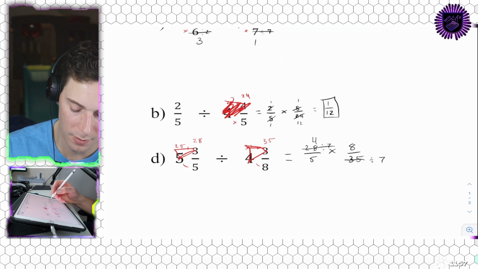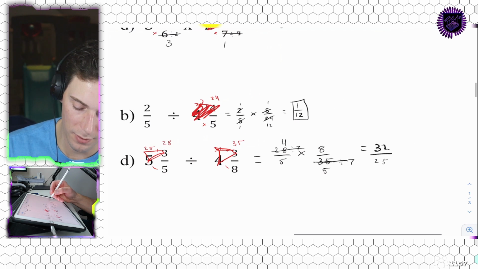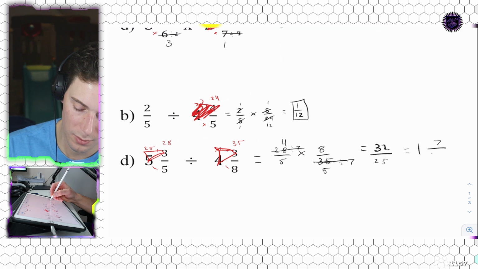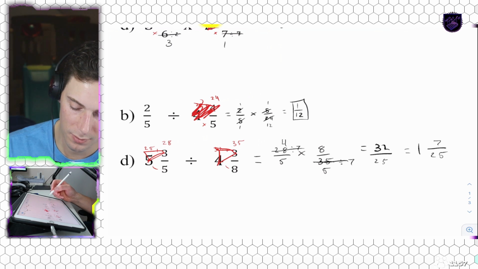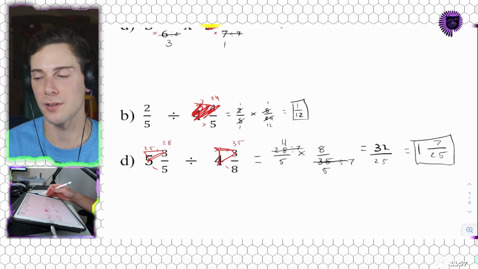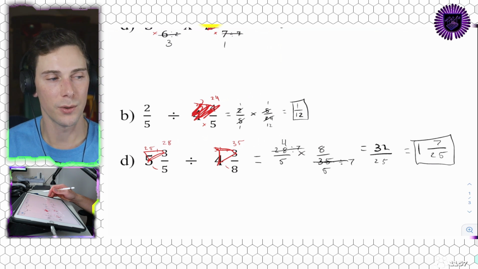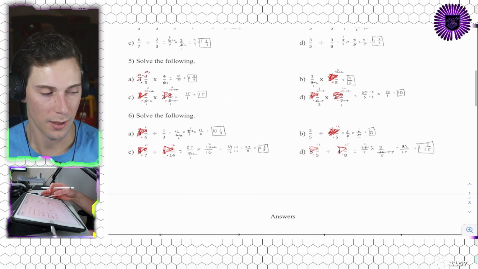That's going to be 4, and that's going to be 5. 4 times 8 is 32, and 5 times 5 is 25, and then you have a group of 25 in there, so it's going to be 1 and 7 25ths. Look how much easier that was. Do it that way. That's it.